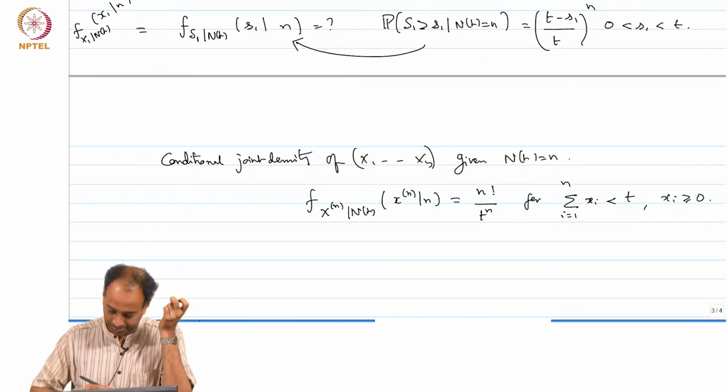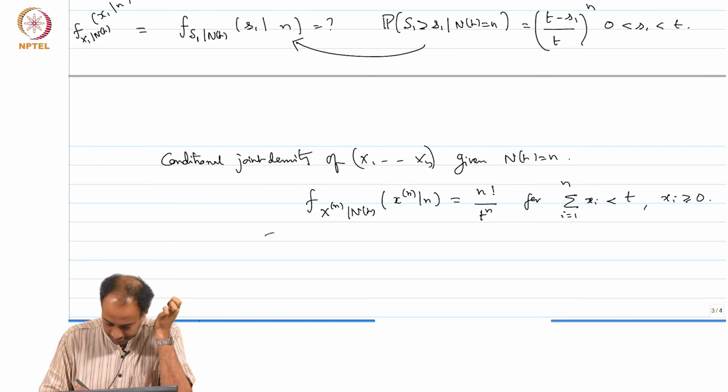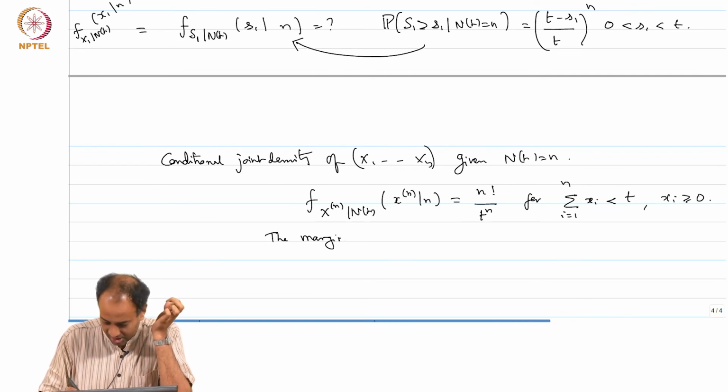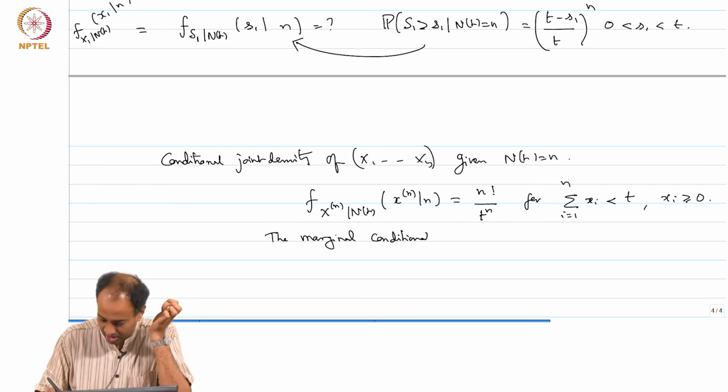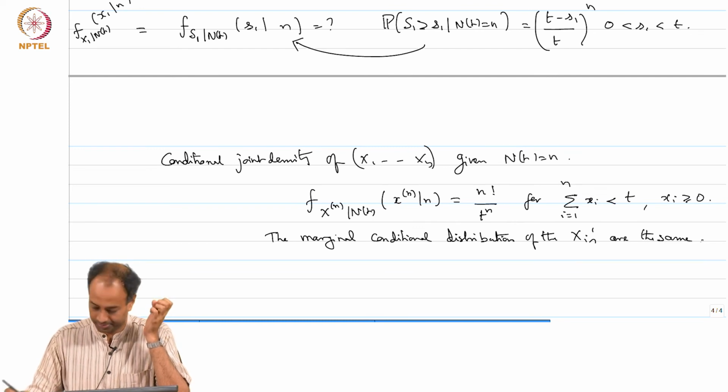So, the marginal densities you can easily calculate from here, right. So, the marginal conditional distributions of the xi's are the same for all i, right.